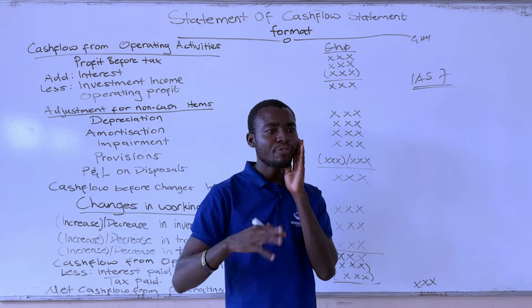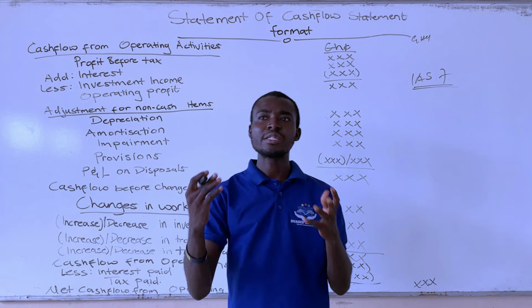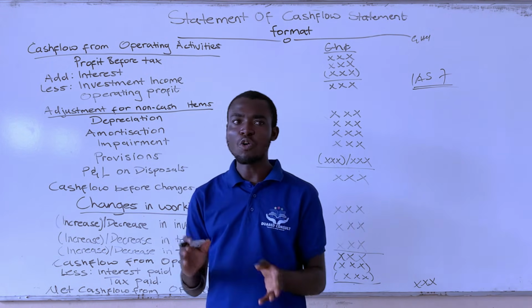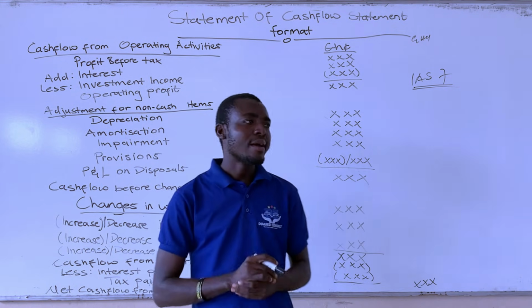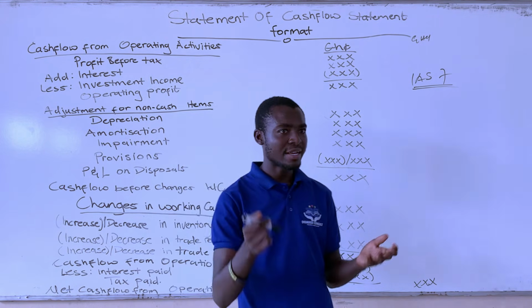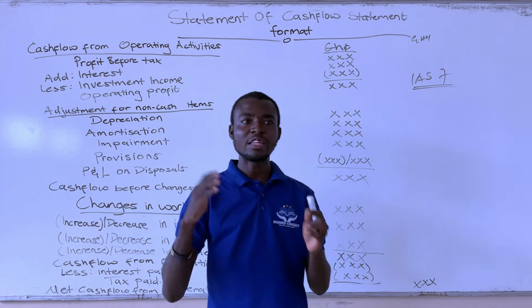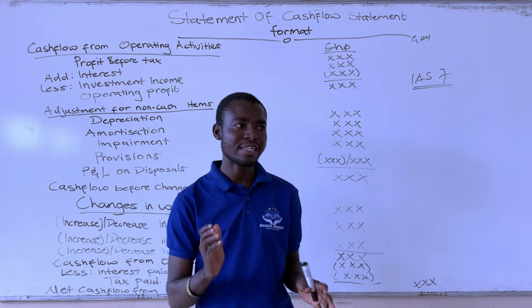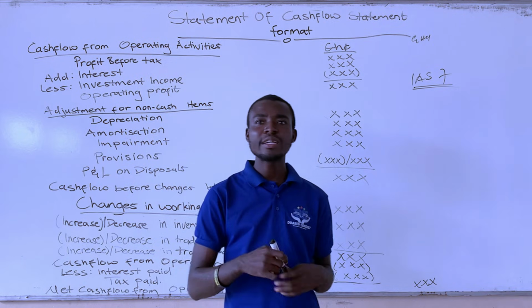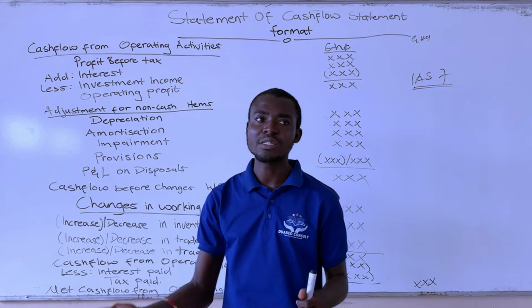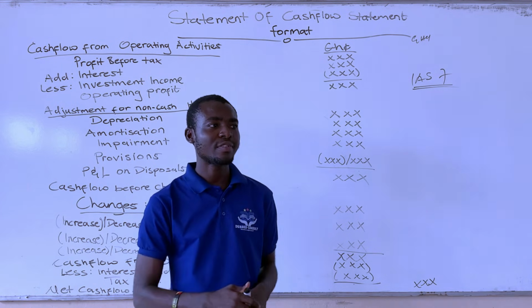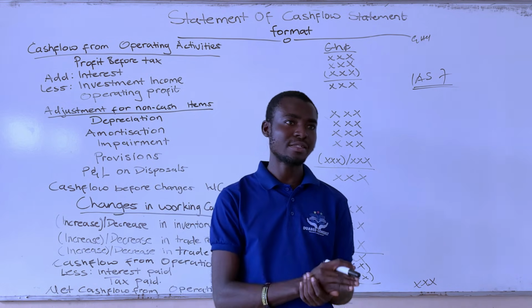When the organization floats shares or issues shares to the general public for money, it's termed as equity financing. And debt financing occurs in the form of loans, debentures, and others. So in case the organization borrows money from financial institutions or individuals, it is termed as debt financing.